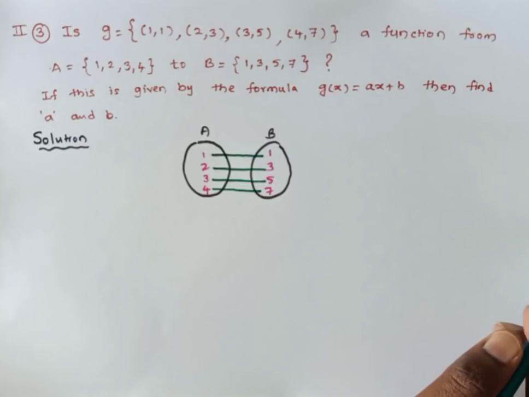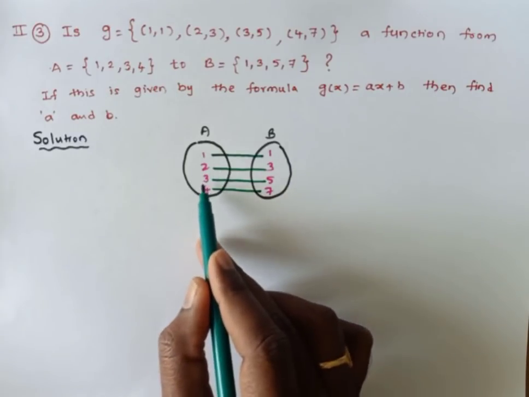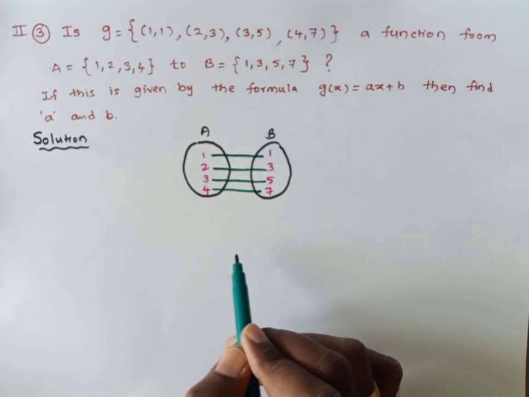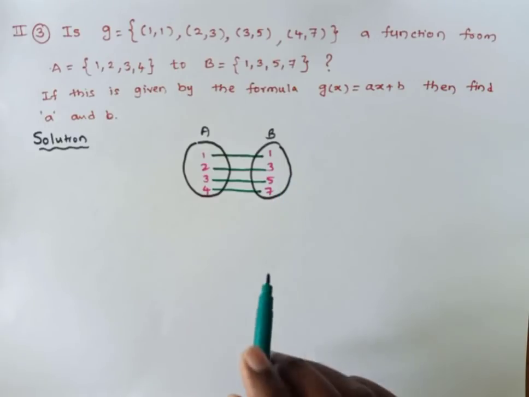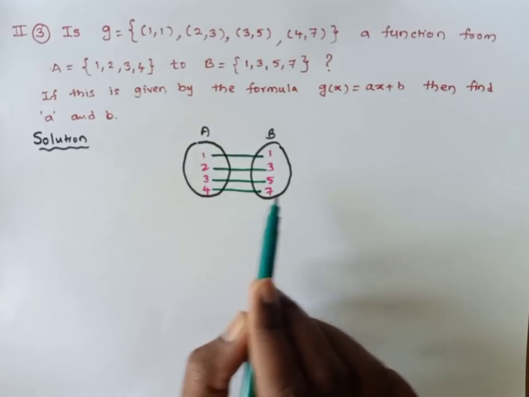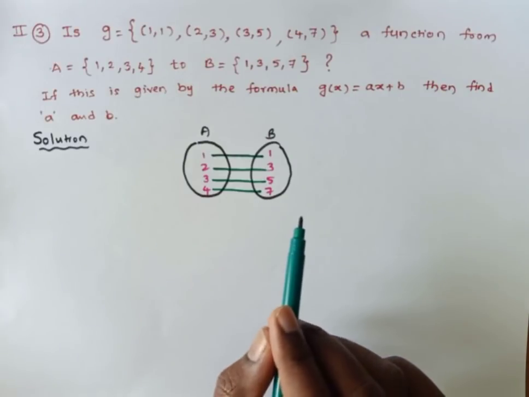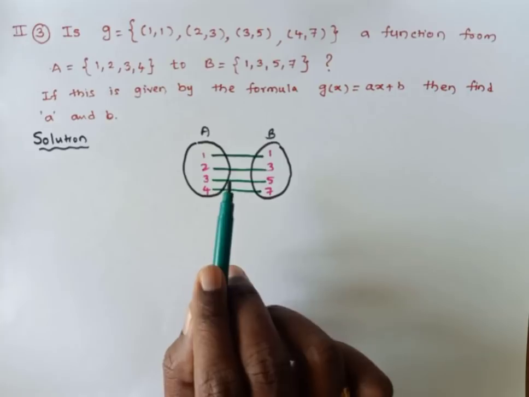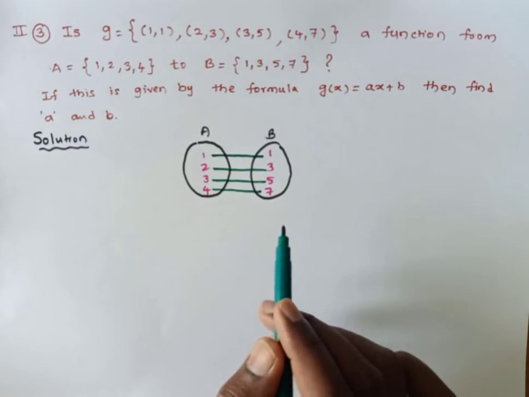Now you can check the definition of a function. What is the definition of a function? Every element of A is uniquely mapped to an element in B. Here every element of A is mapped, or associated, or related, and you just need to check whether they are unique or not.